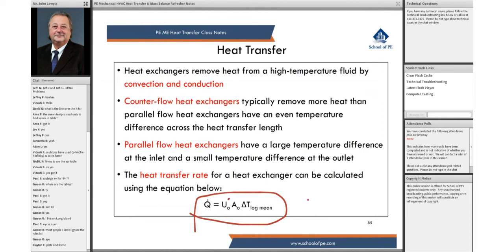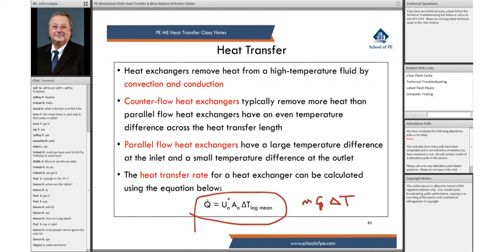We're talking about m dot, remember we talked about m dot. m dot C sub P delta T. We're going to see that a lot. That's essentially the heat transfer of the hot fluid and the cold fluid. m dot C sub P delta T, and you've got the hot fluid and the cold fluid going on in there, and it's pretty obvious.